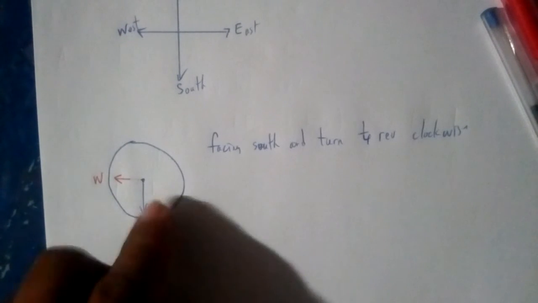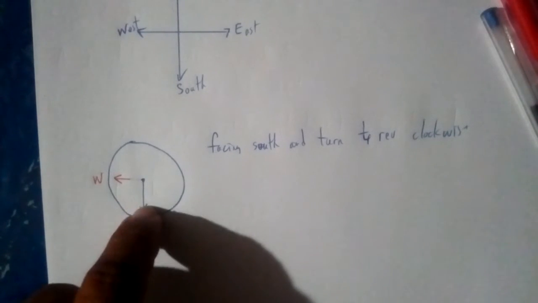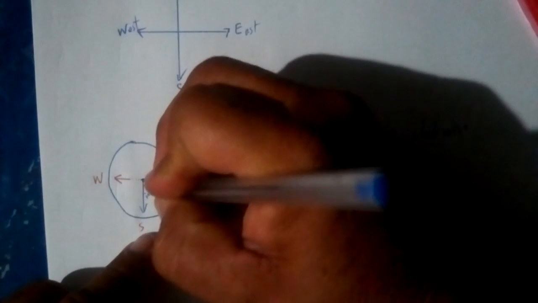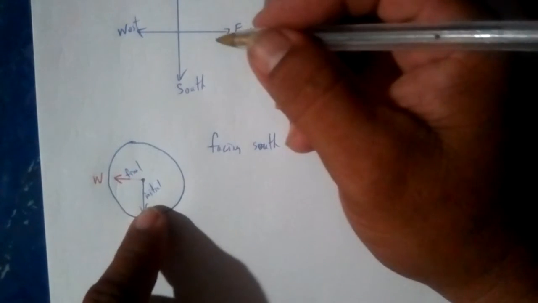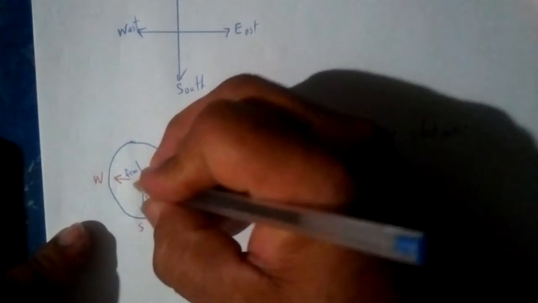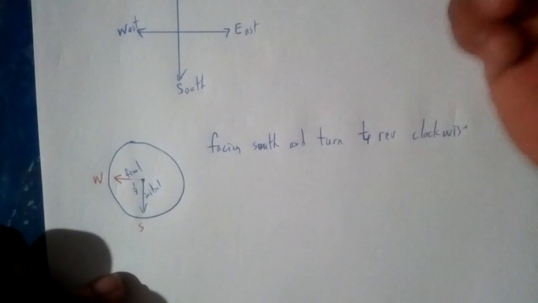Okay, so that's quarter of a turn. So can we now say that this is the initial position and this is the final position? So let me write this down: initial and final. So we started from our initial position and we turn quarter of a turn clockwise to face that. Let's do our next one.